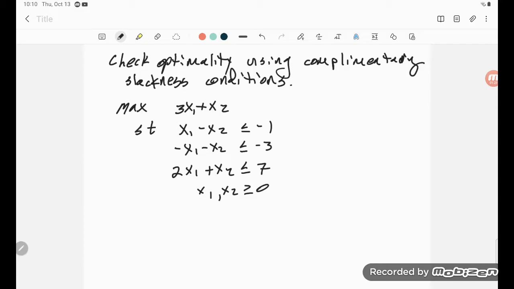And what we'd like to do is check if x equal (1, 2) is optimal.